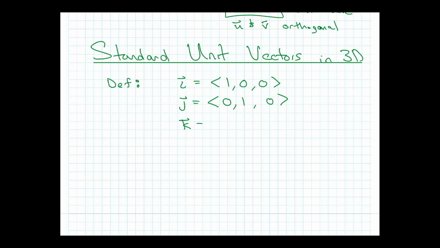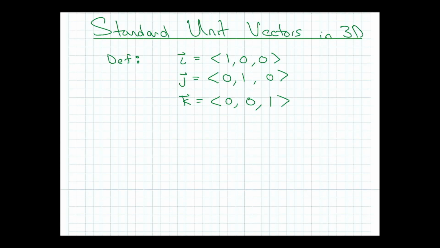That's k. 0, 0, 1. Okay, so I, j, and k are the standard unit vectors. So there's 3 of them in 3D instead of 2 of them. So these are the standard unit vectors in 3D.